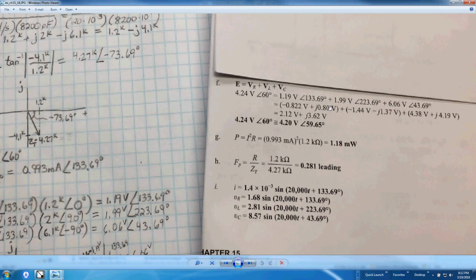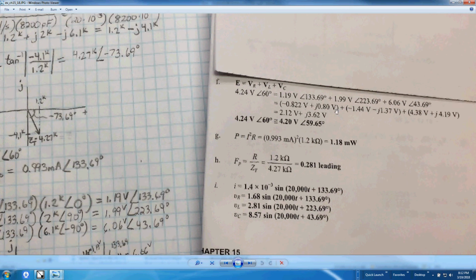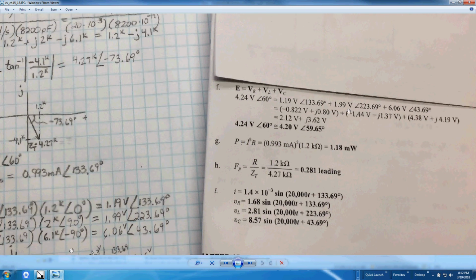You have to convert this to polar form, and the first term is the magnitude times the cosine of this angle plus j times the magnitude times the sine of this angle. That's actually a 0.86. That's a flaw in the book, but the other answers are right.